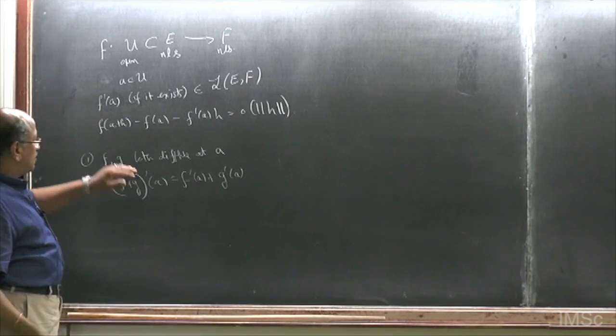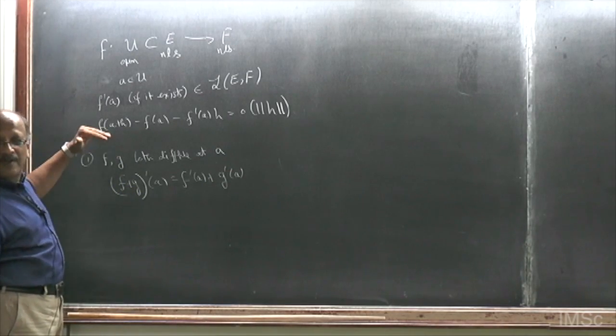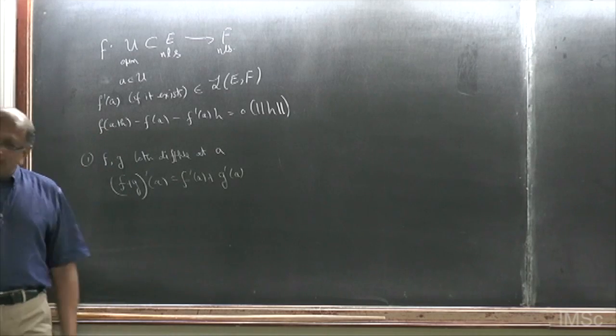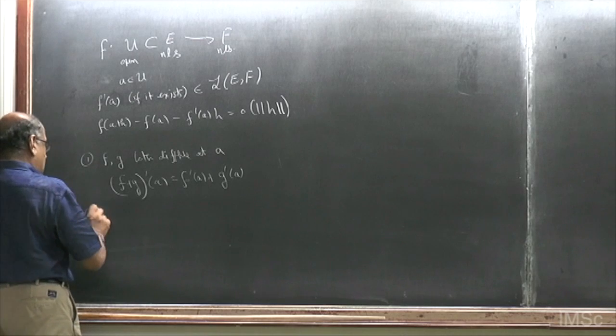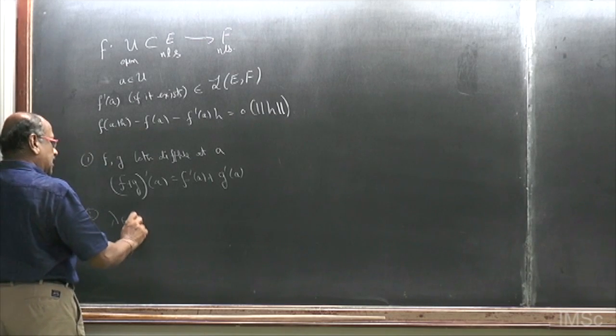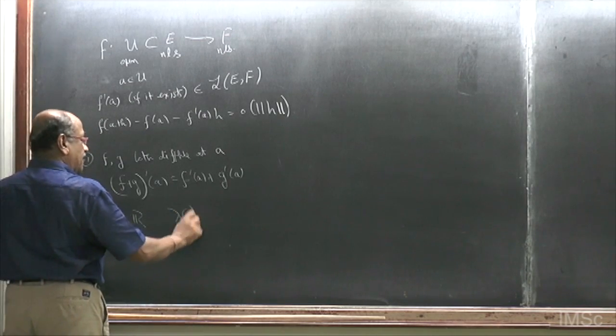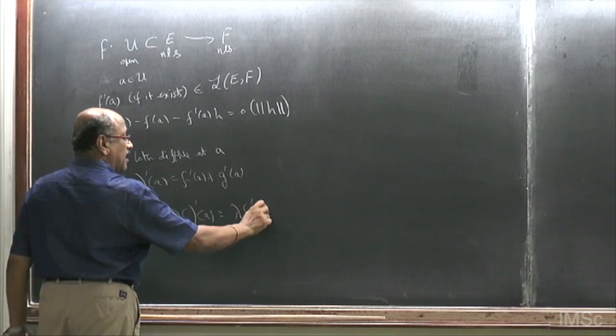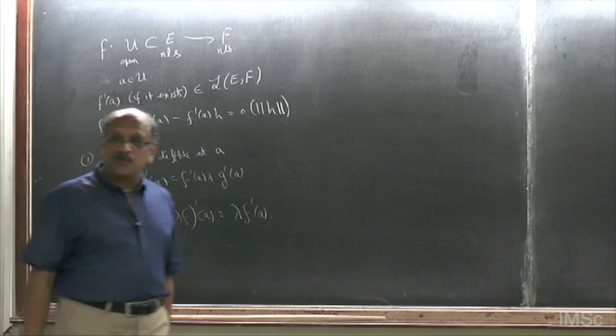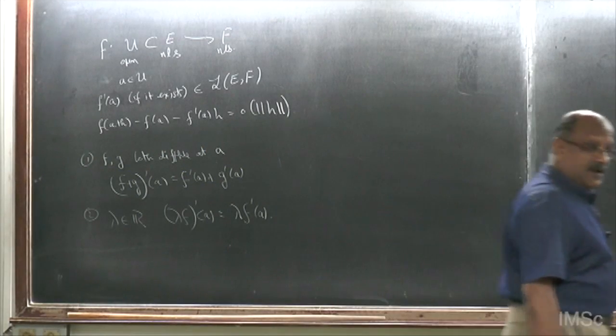That is very obvious. You just write this for f, write this for g, add the two, you will get the result. Similarly, if lambda is a real number, then (λf)'(A) is lambda times f'(A). This again you can prove without any difficulty.